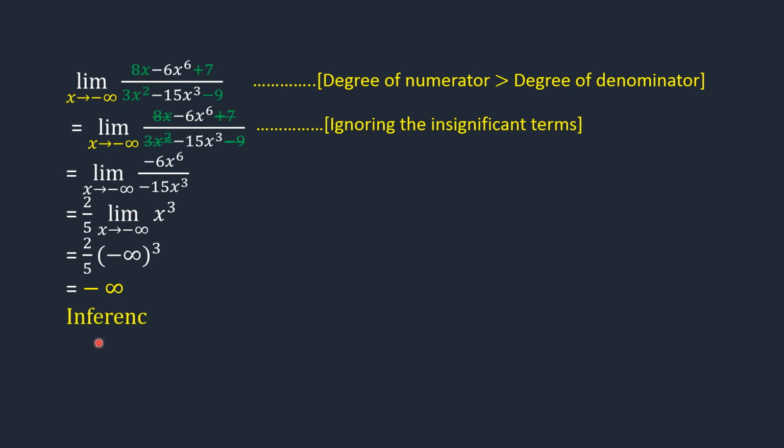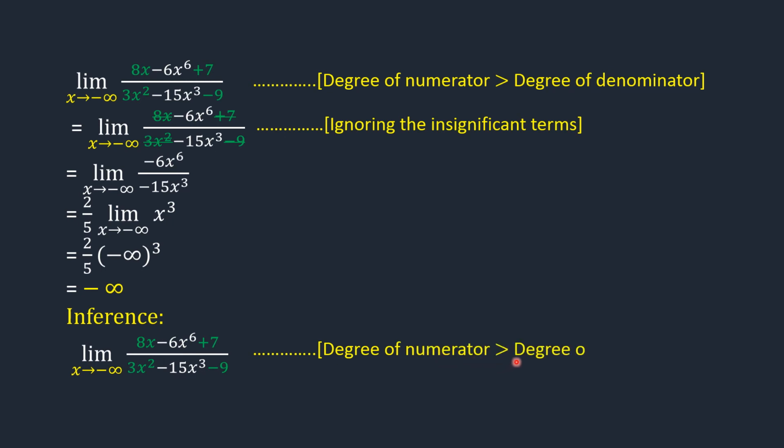From this, we can draw an inference that in case of limits like this, wherein the degree of the numerator is greater than the denominator, the limit is always plus or minus infinity depending upon the power of x and the sign of infinity.